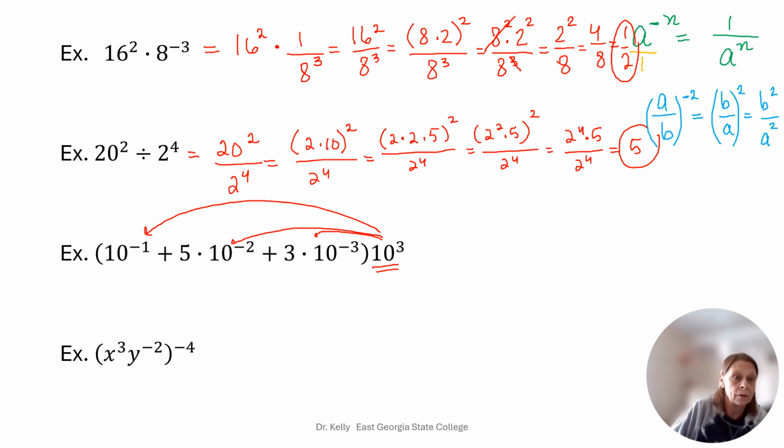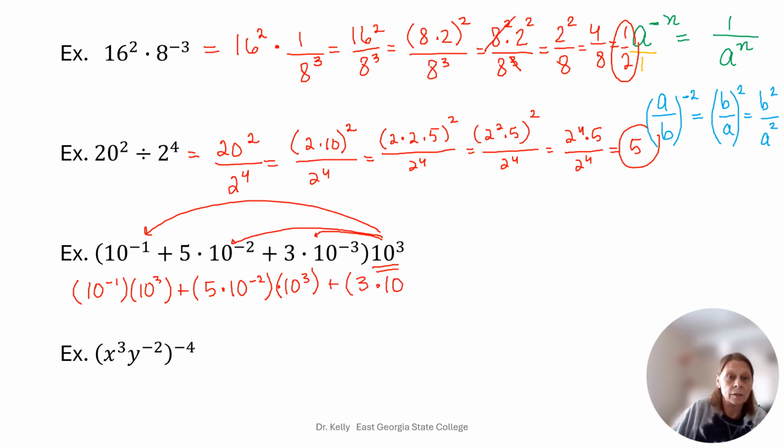So we have 10 to the negative 1 times 10 cubed plus 5 times 10 to the negative 2 times 10 cubed plus 3 times 10 to the negative 3 times 10 cubed.